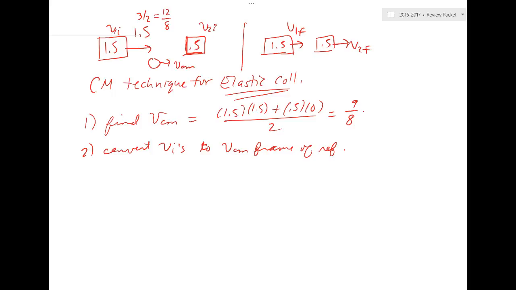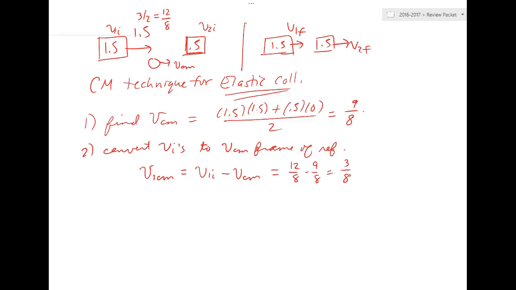What would V2 initial be? Well, V1 center of mass would be equal to V1 initial minus V center of mass. So that would be 12/8 minus 9/8, so 3/8.